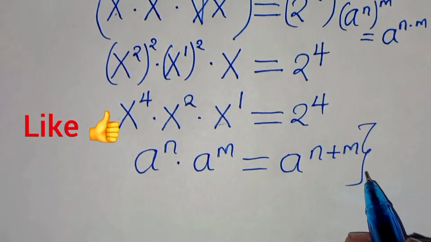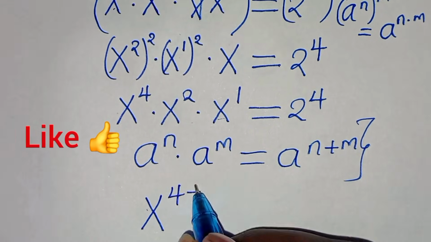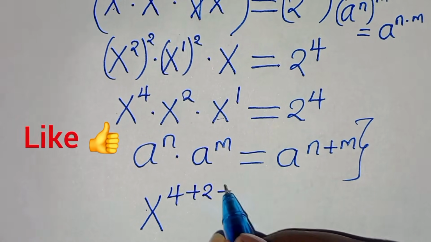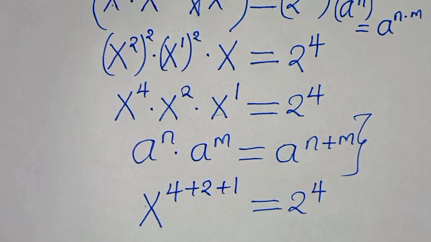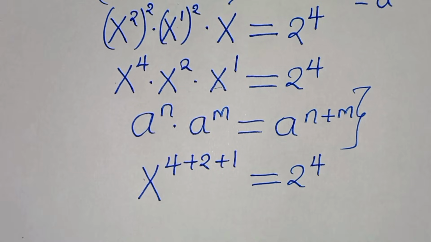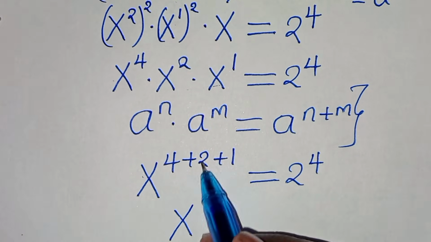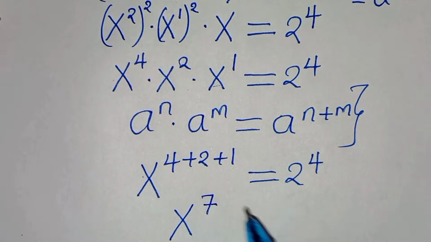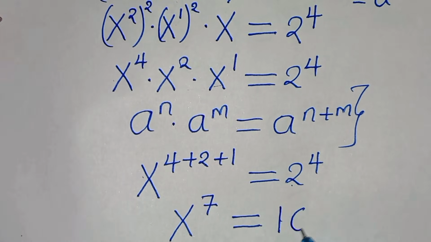Applying this exponent property, then we have x to the power of 4 plus 2 plus 1. This is equal to 2 to the power of 4. Now, here we have x to the power of 4 plus 2, this is 6 plus 1, this is 7, and this is equal to 2 to the power of 4, and this is equal to 16.